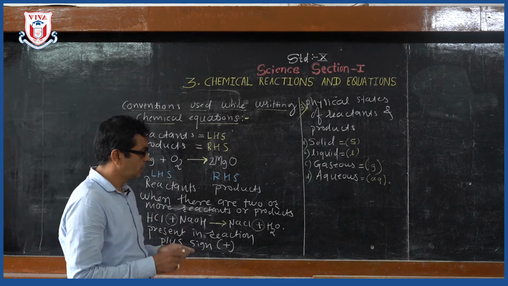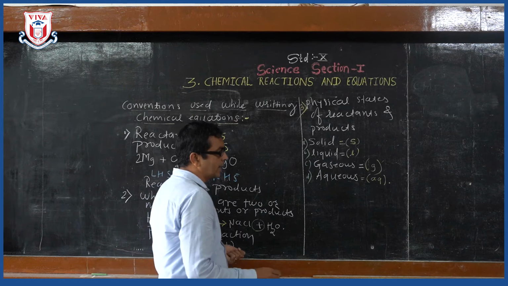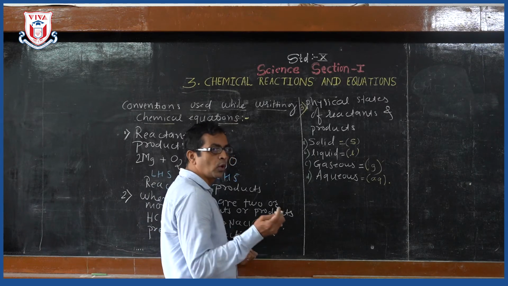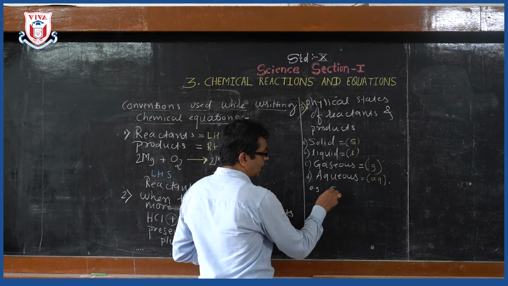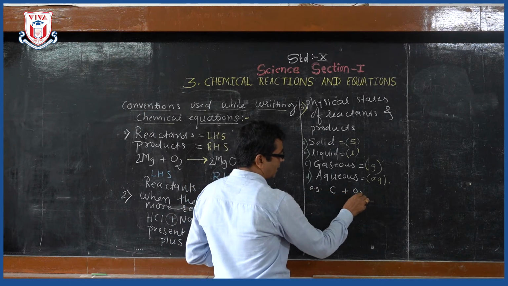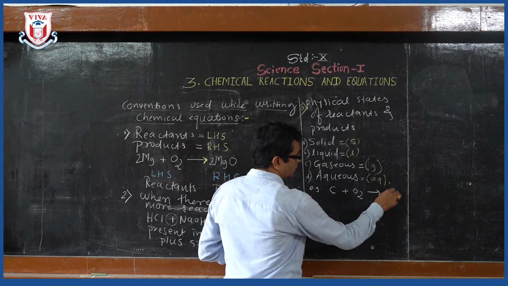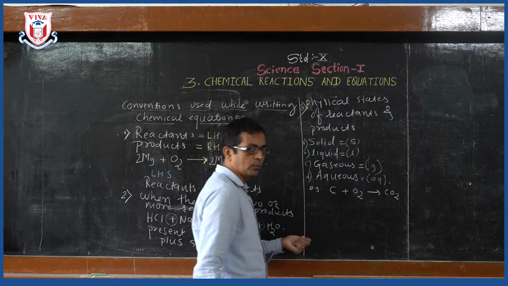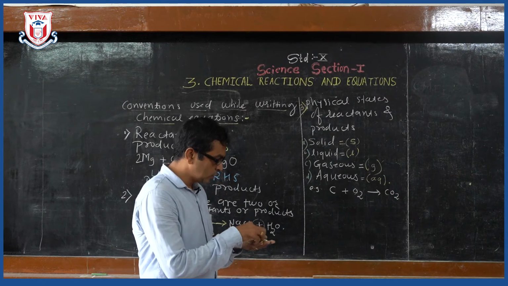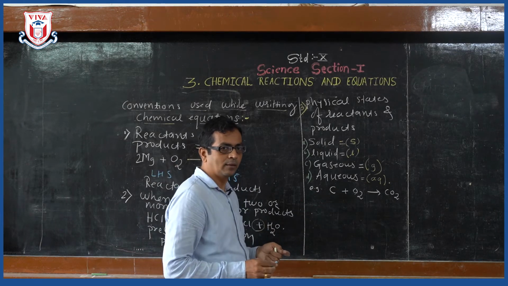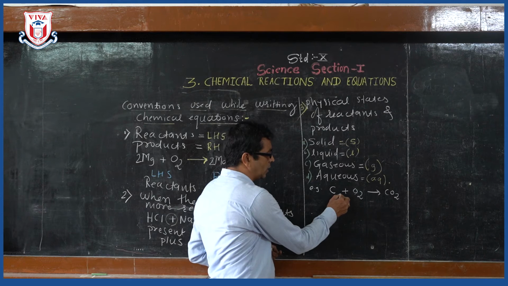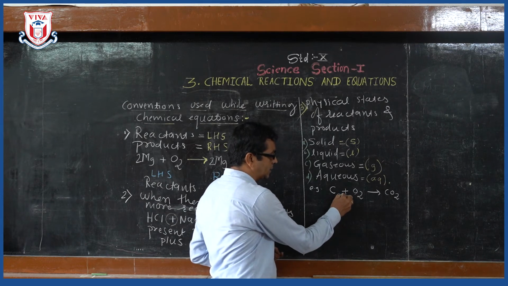Suppose when I burn carbon in air, or coal in air, I can write carbon is burned in air, I will get CO2. So here the state of carbon, you know what is the state of carbon? It is a solid, so I will write s.